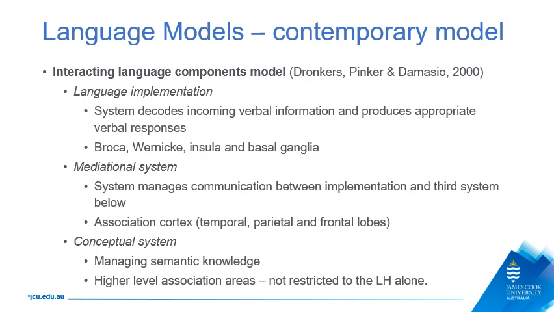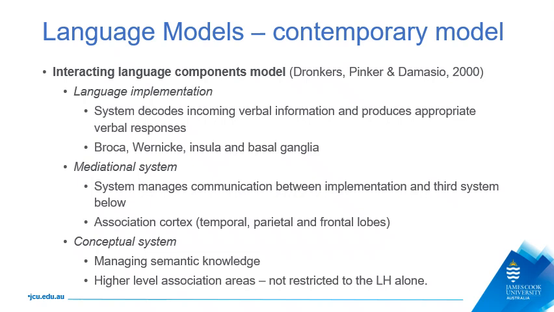And we have a more contemporary language model called the Interacting Language Components model by Dronkers et al. We have 3 layers of components, starting from language implementation. It's like a decoding system that makes sense of incoming verbal information, and tries to produce appropriate verbal responses.